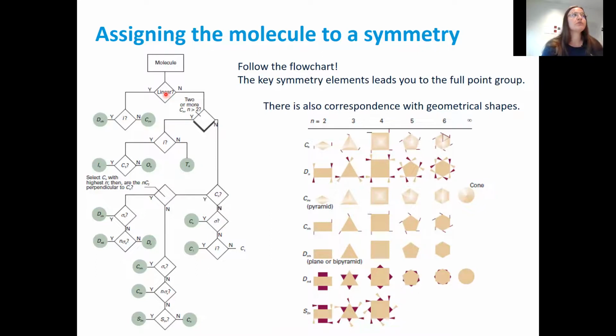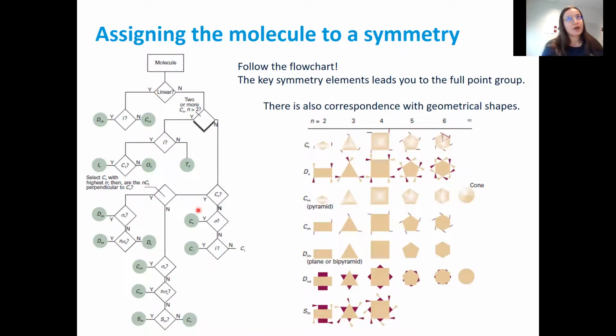You must notice whether the questions that you have here are satisfied or not. If they are, you will fall into the right spot of your point group, and all of these things that you find here are actually the notation of the point groups in the Schoenflies notation.